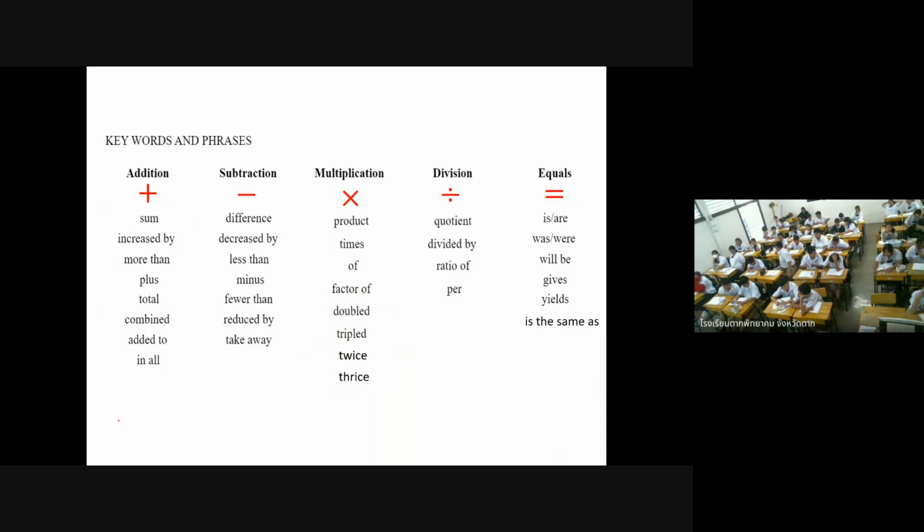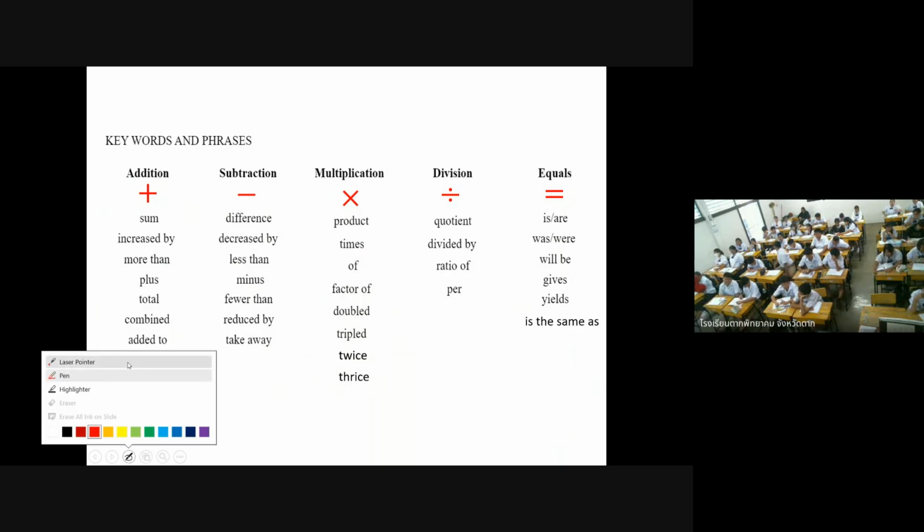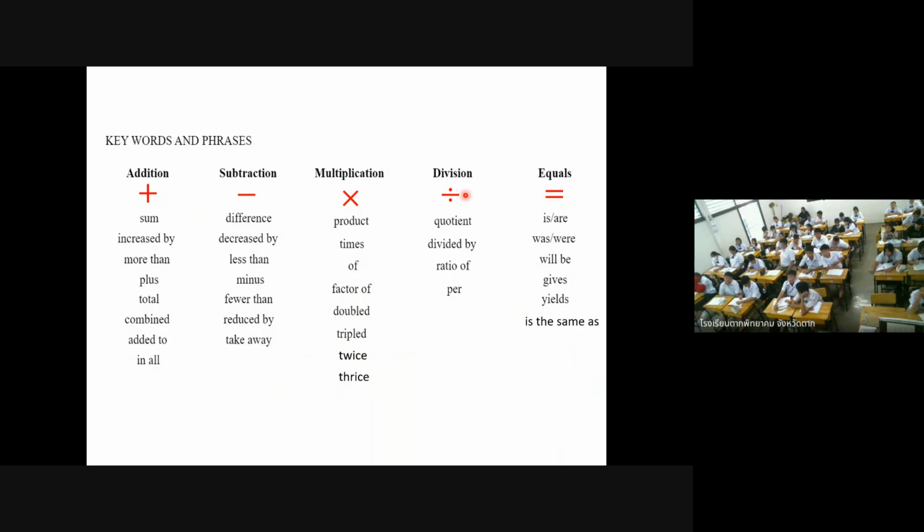Next, we have division. So we have quotient, quotient, divided by, ratio of, and per. Now if you see these words, you're going to translate it into the division symbol.